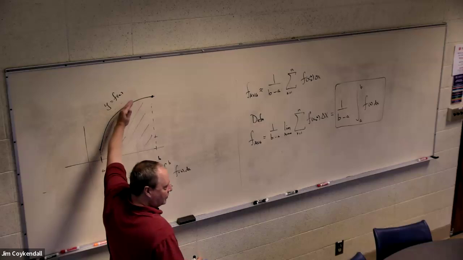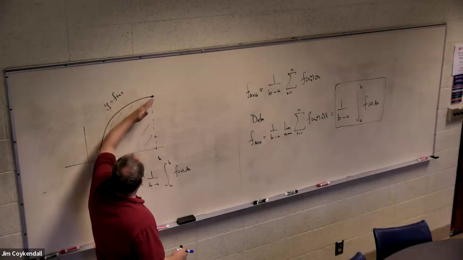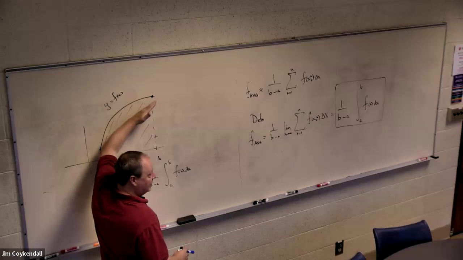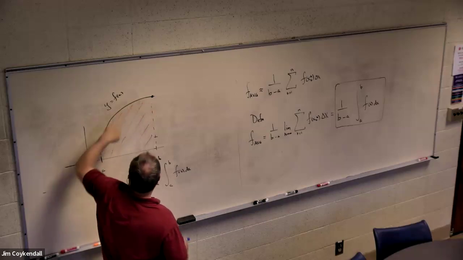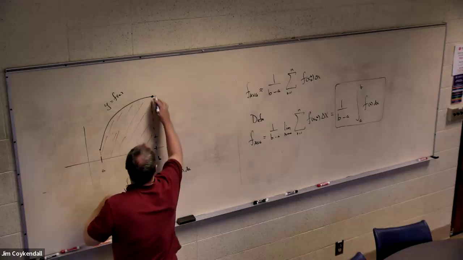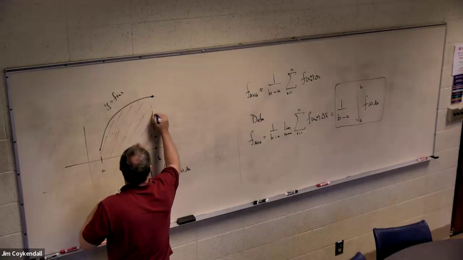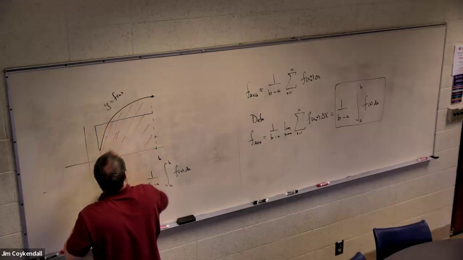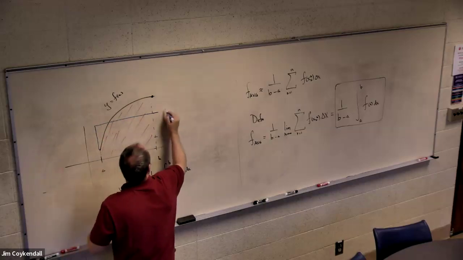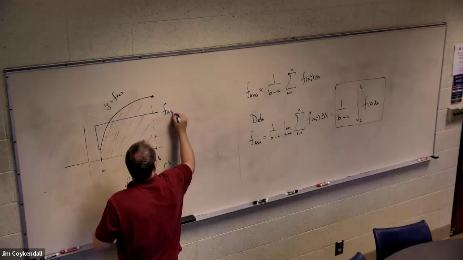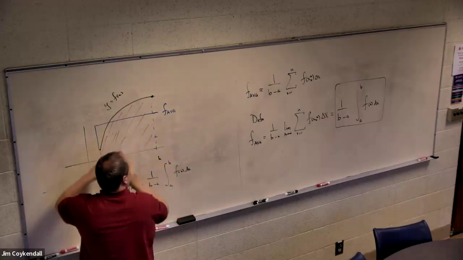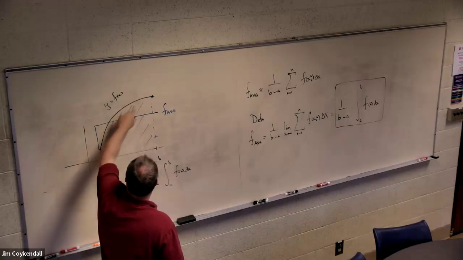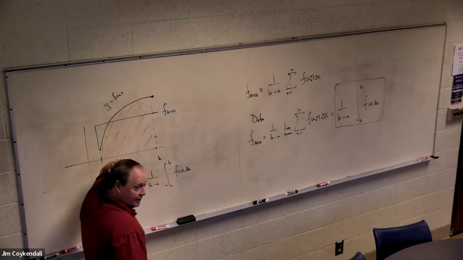It's sort of clustered toward the top. If this were exactly flat or exactly straight like this, I would expect it to be the midpoint. You've got more stuff at the top. I would expect whatever the midpoint is, this to be a little bit higher. So maybe this is the average value. This is the height of the rectangle, so that this rectangle is exactly the same as the red area.